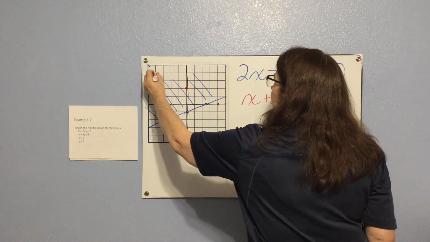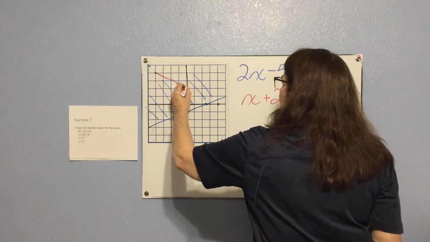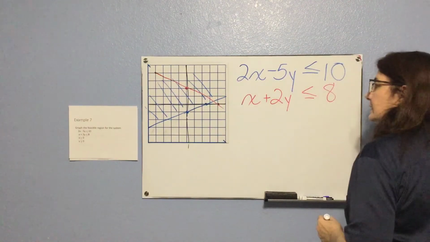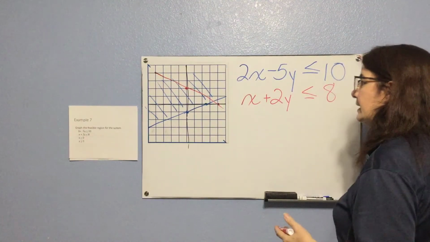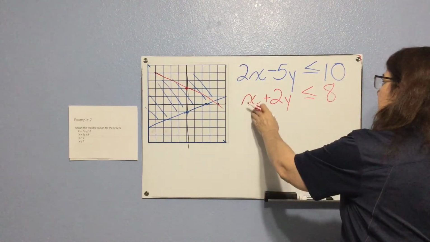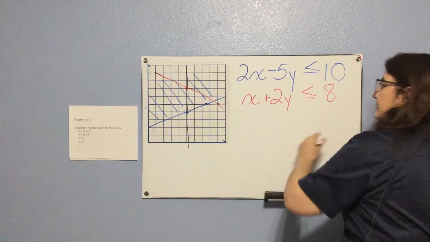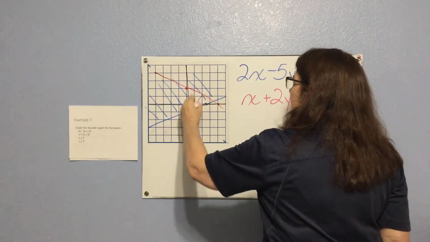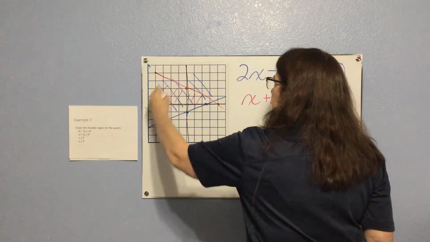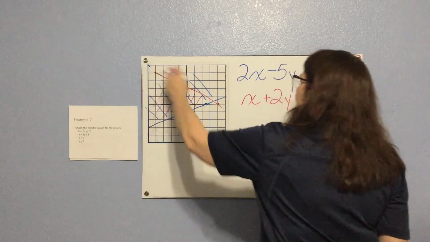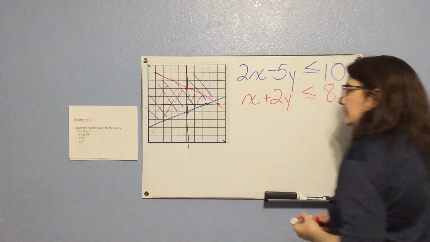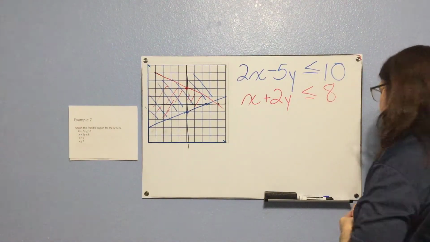Put another point here. Once again, I use 0, 0 for my test point. 0 plus 0 is less than 8. So we'll be shading this direction. So now we have this kind of triangular region that satisfies both inequalities.